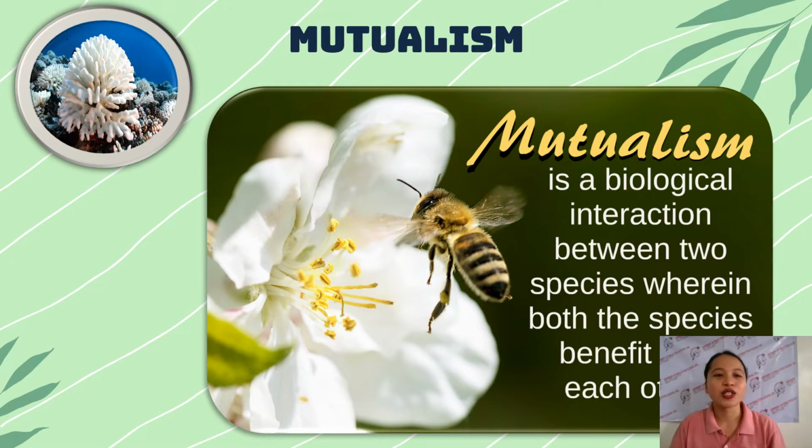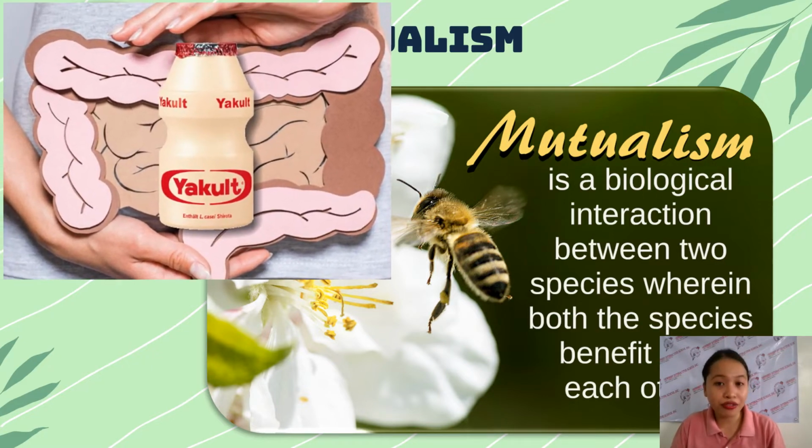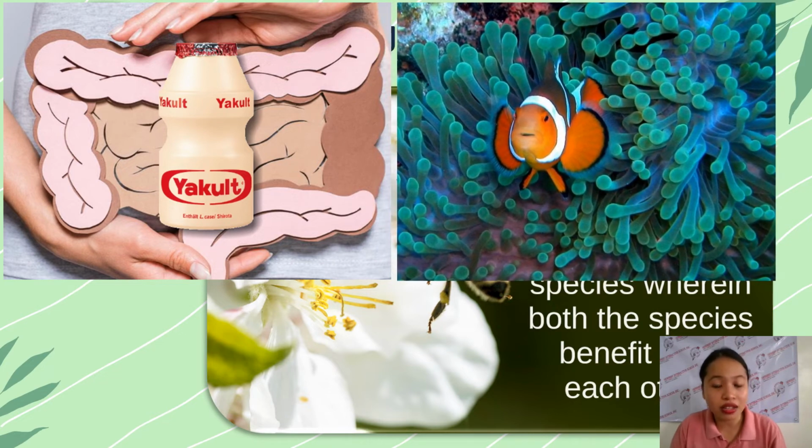Okay? So, sea anemones and clownfish. That is an example. Clownfish are often found living amongst the tentacles of the sea anemone. The tentacles, as you can see in the picture, are able to sting nearly all other fish, but the clownfish, thanks to the mucus on its skin, is protected from the stinging.